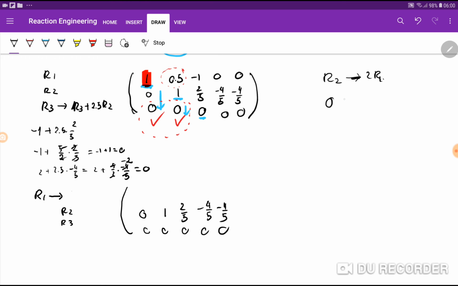The first column on the first row becomes 0 minus 2 times 1, which becomes -2. No, you can't. We cannot do that.